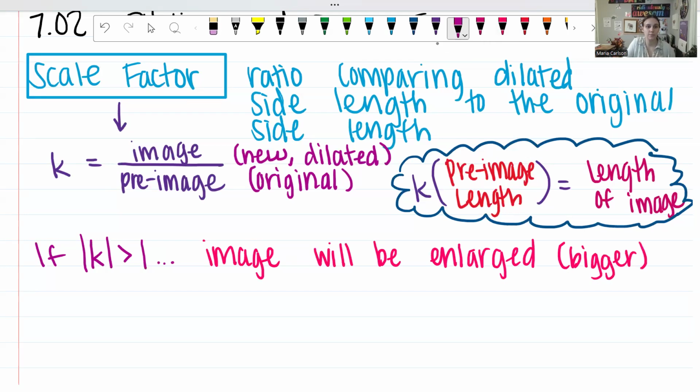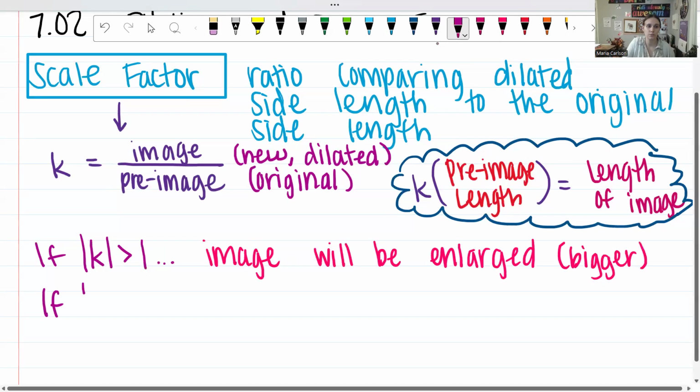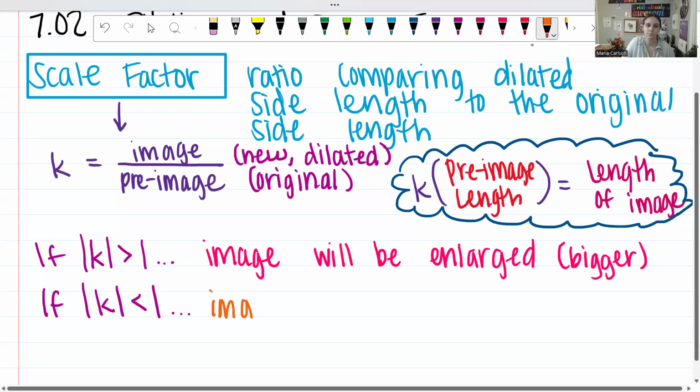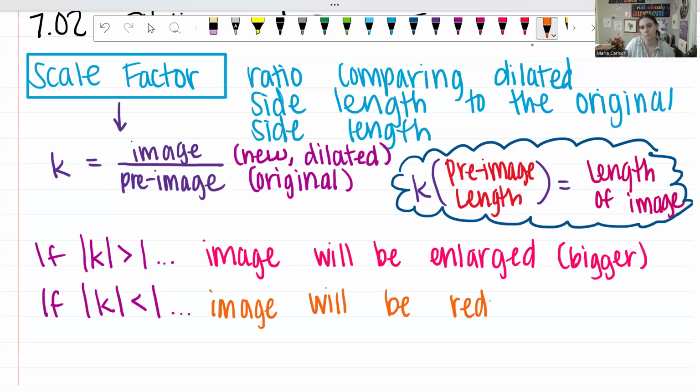And if your absolute value of K is less than 1, then your image is going to be reduced. Made smaller.